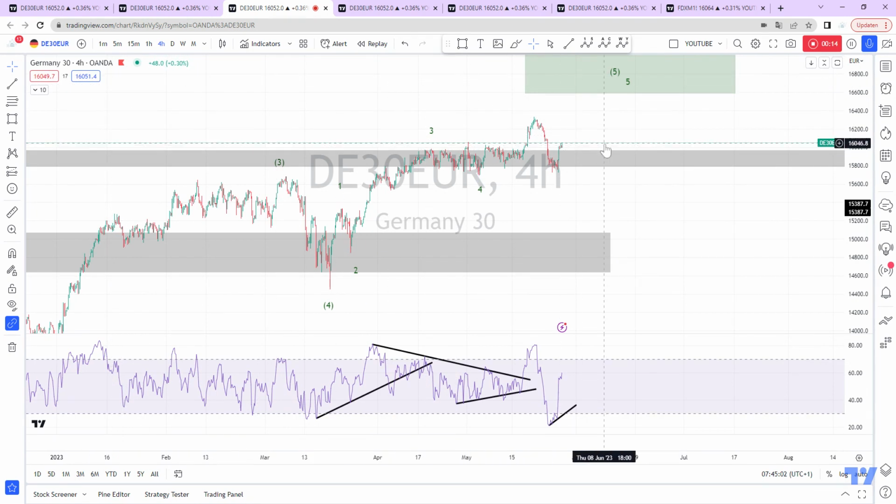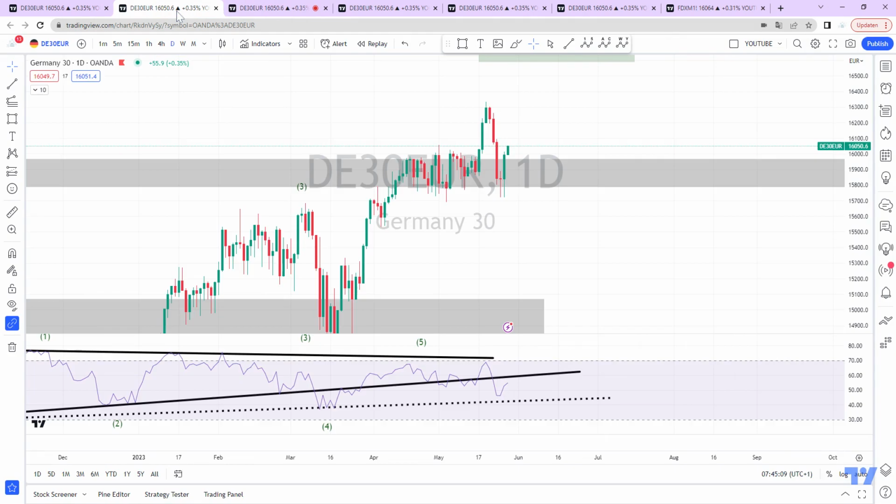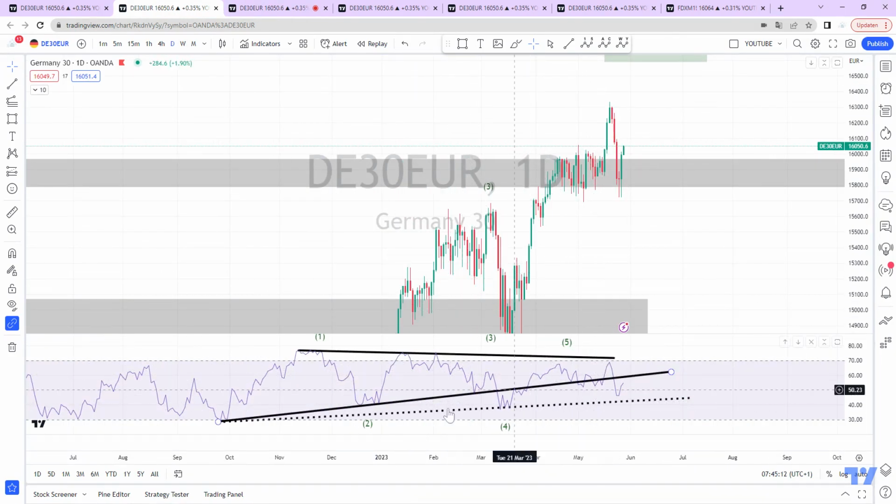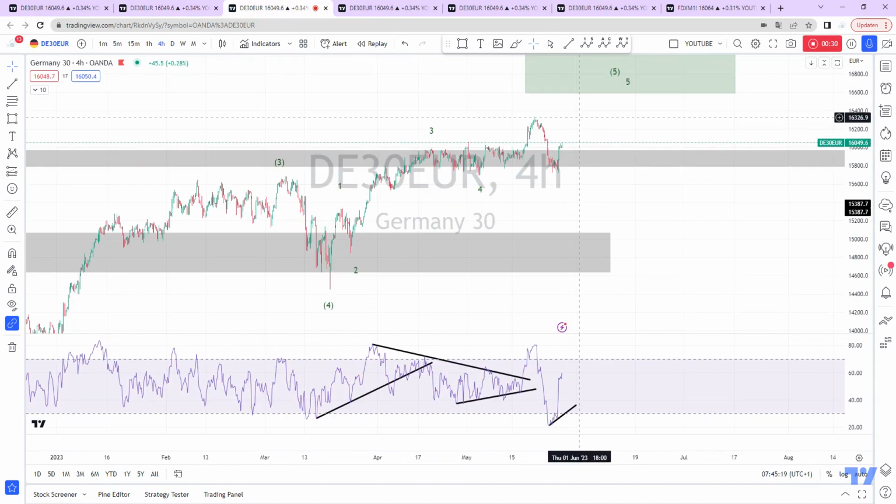So in my weekend video yesterday, I explained that I'm expecting a pullback on the higher time frame because of this 5 waves up and this divergence here in RSI. But that does not mean that we cannot see a bit more upside in the lower time frame.